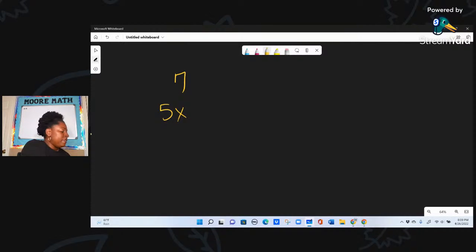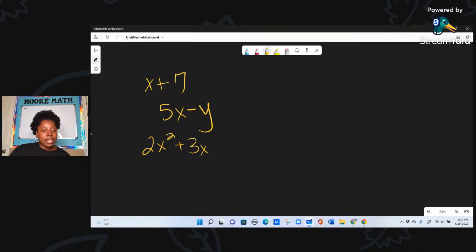If it was a binomial, like x plus 7 or 5x minus y or 2x squared plus 3x, then it's 2 degrees, okay? Trinomial means 3 degrees, polynomial, 4 degrees or more, okay? So it really just goes by how many terms there are, okay?